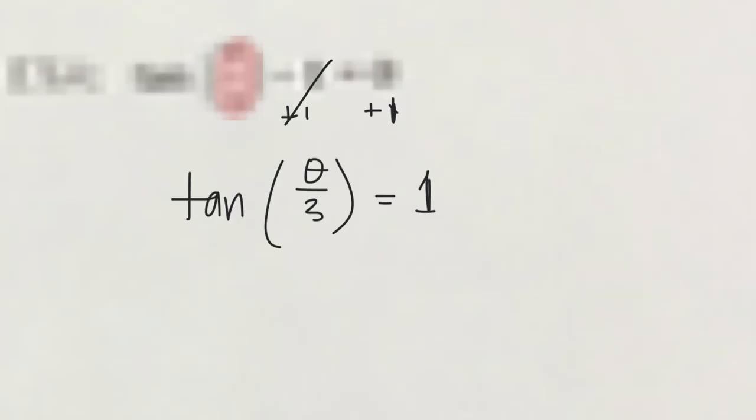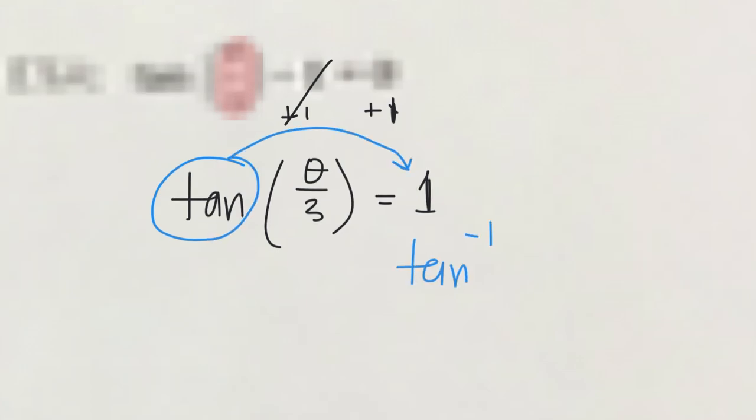I'm going to start with an angle, divide that angle by 3, and then take its tangent, and that answer should be 1. Oh, I have to move tan. How do I move my tan? Inverse tan. So I'm going to move my tan to this side by doing the inverse tan, because we want to get theta alone by itself.